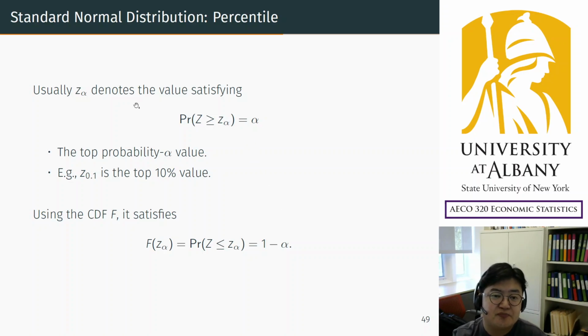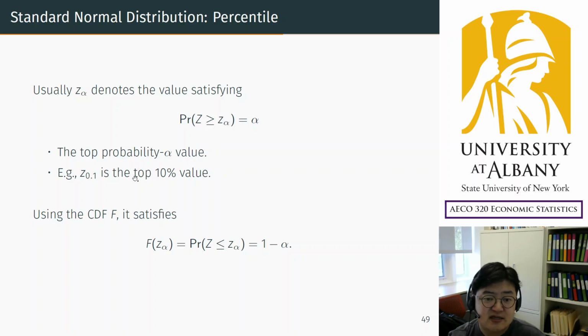For example, in statistics, we often use this notation. Uppercase Z is greater than lowercase z subscript alpha. Here, subscript alpha usually stands for probability from the top, right? So probability greater than this lowercase z should be alpha in this notation.